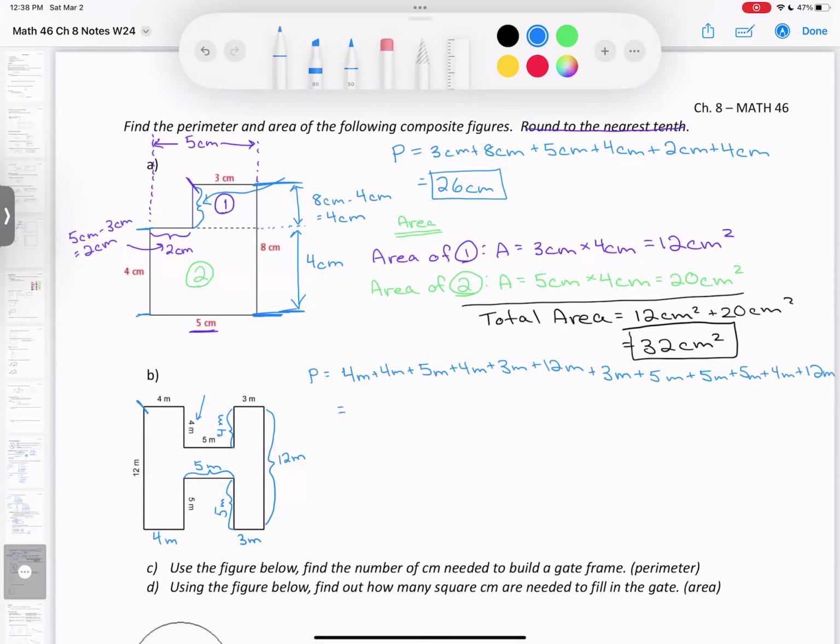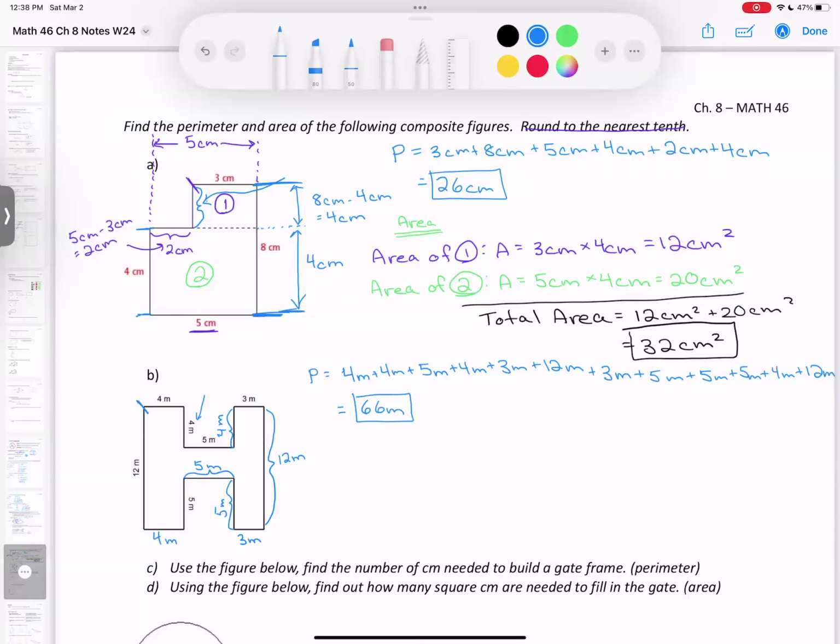And so if we add those all up, what do we get? And so I get 66, and our units here are meters.